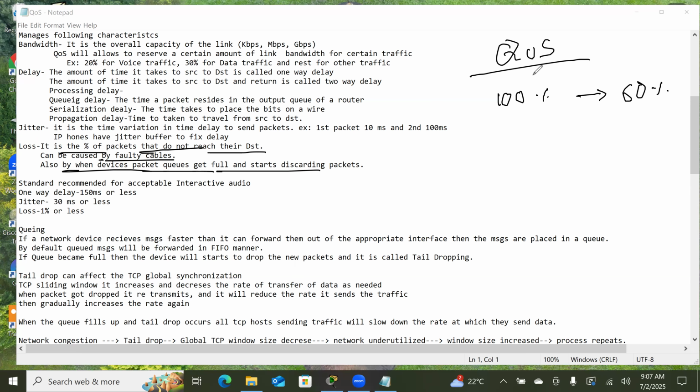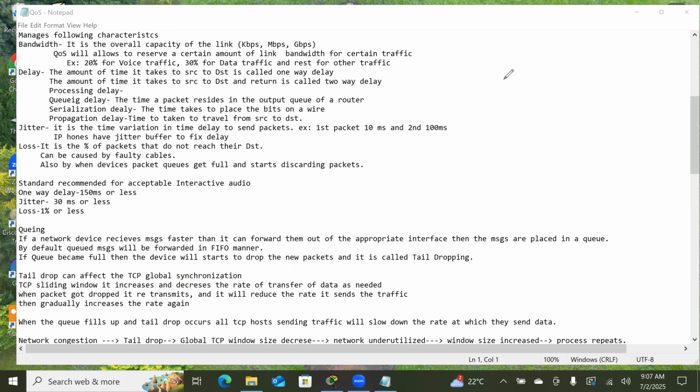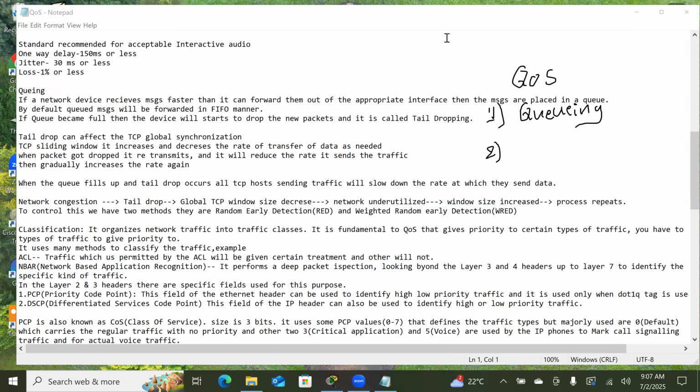To maintain what? Quality of service. To maintain all of them, we have five things. These are the features of quality of service. One is queuing. And then we have classification.